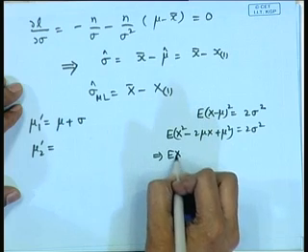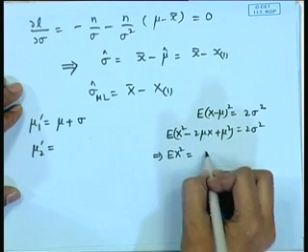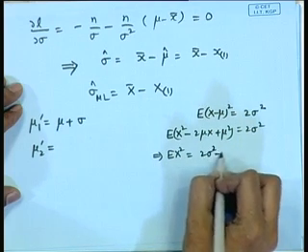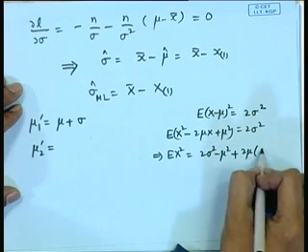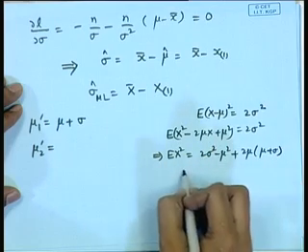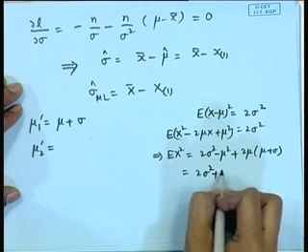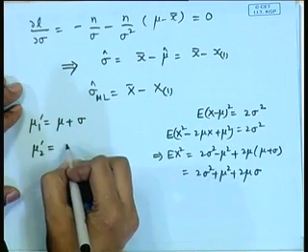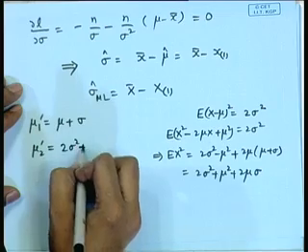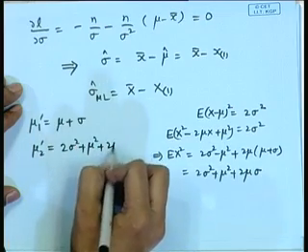So, expectation of x square is equal to 2 sigma square minus mu square plus twice mu expectation of x, that is mu plus sigma, that is equal to twice sigma square plus mu square plus 2 mu sigma. So, the second moment is twice sigma square plus mu square plus 2 mu sigma.